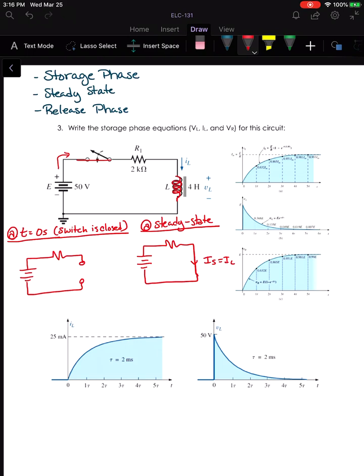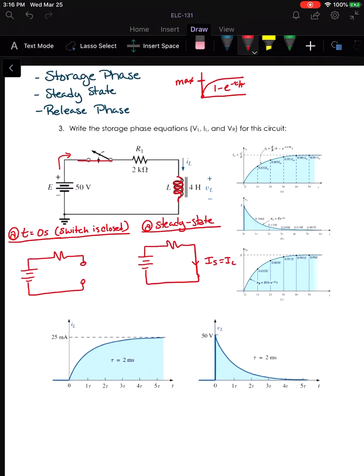Just as we looked at for the capacitor, we have curves that explain to us what's going on. If you'll recall, I told you that when we have a value that starts at 0 and then quickly rises to a maximum value, that equation is 1 minus e to the minus x, which in this case is 1 minus e to the minus t over tau.